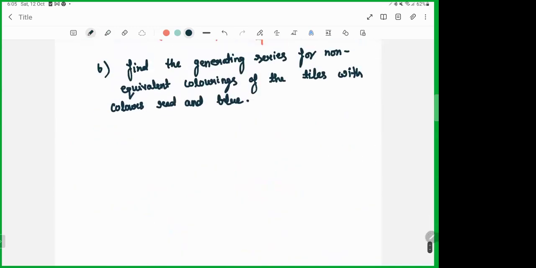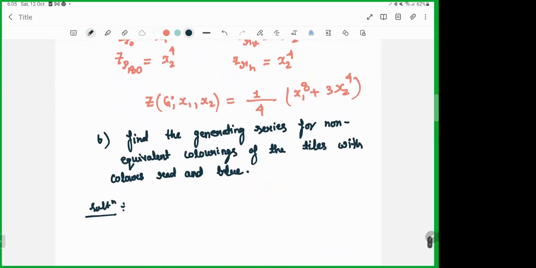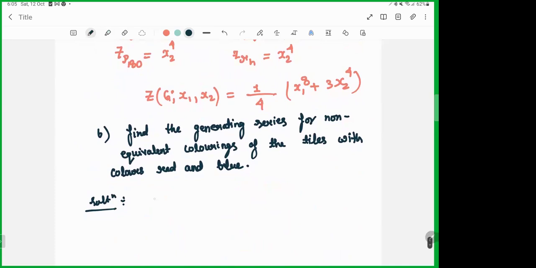This is related to Polya's theorem. So in Z of G, x1 will be replaced by r plus b, and x2 will be replaced by r square plus b square, with r for red and b for blue.